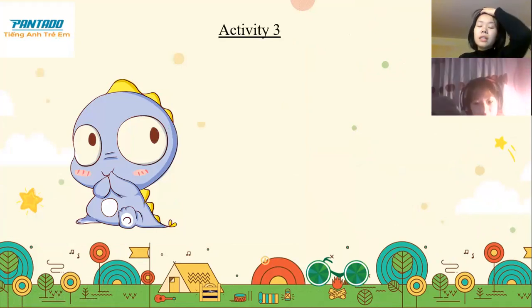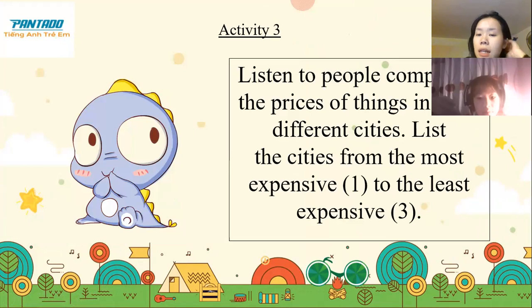Now move to next activity 3. Listen to people comparing the prices of things in 3 different cities. List the cities from the most expensive to the least expensive. Do you understand the title of this activity?